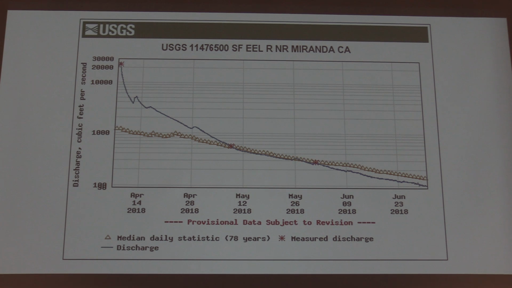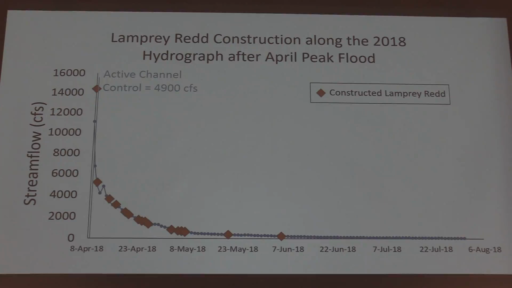And then taking a closer look at that recession limb, downloading the data and plotting it, I was then able to plot the flows associated with each lamprey redd location along that hydrograph recession limb.